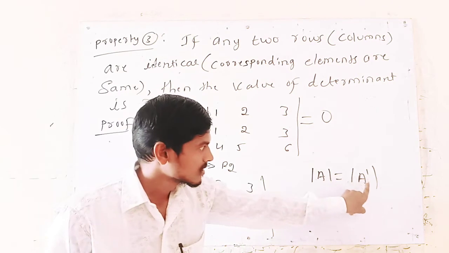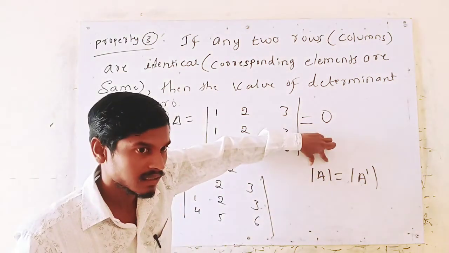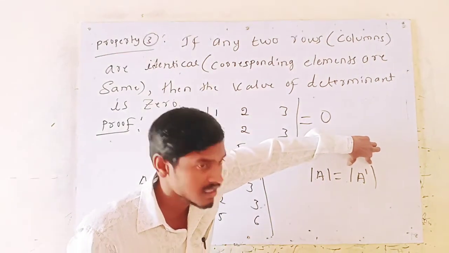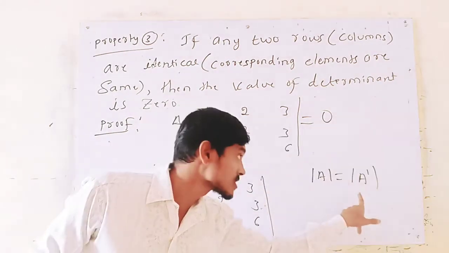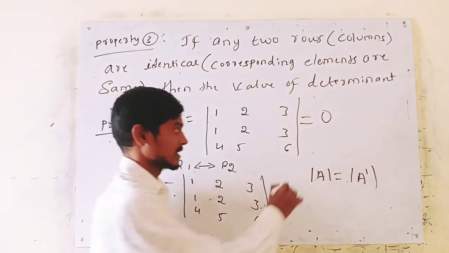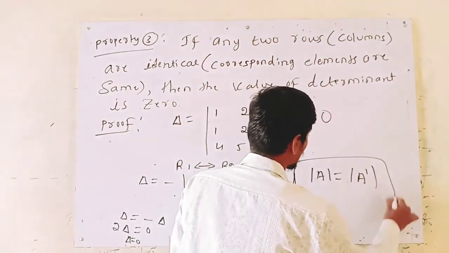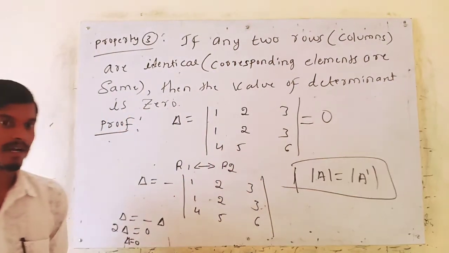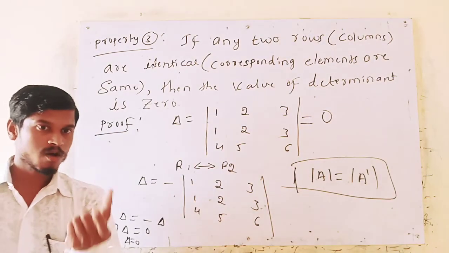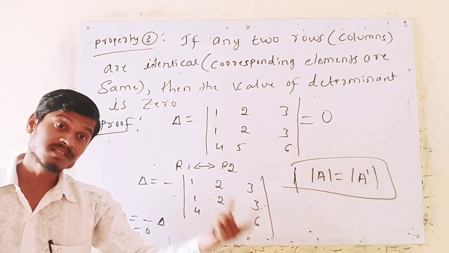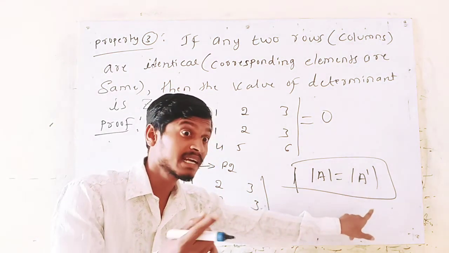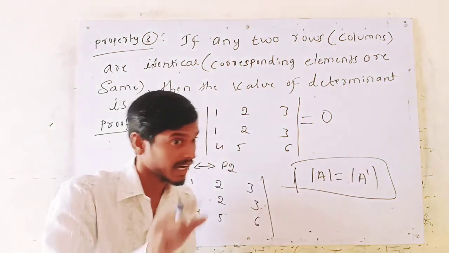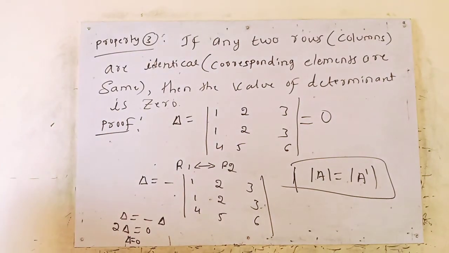See here. The determinant of A is nothing but the determinant of the transpose of A. 100%. It is your property number 1. The value of the determinant remains unchanged if its rows and columns are interchanged. That is your A dash.